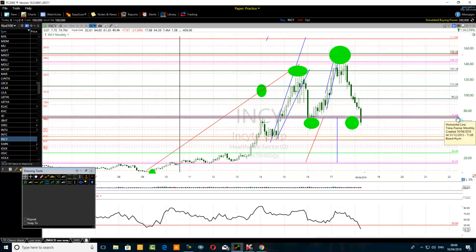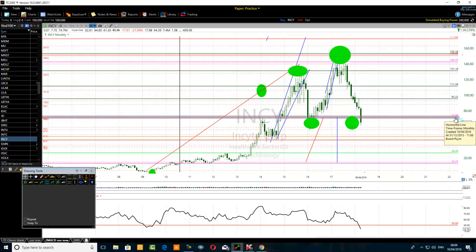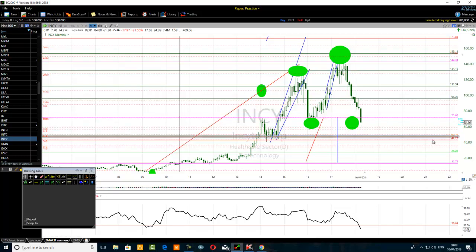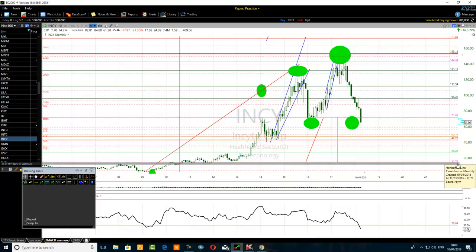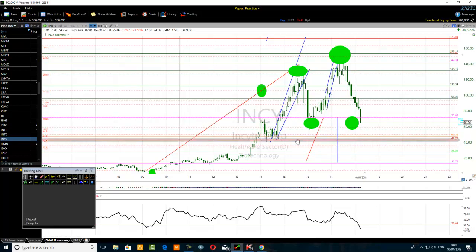Because the midpoint target is at 42.73, that price target level is more important than this support at 71.68. Most importantly, the ultimate target at 12.73 is more important than the support level at 71.68 and also the support level at 47.14, the orange line here.